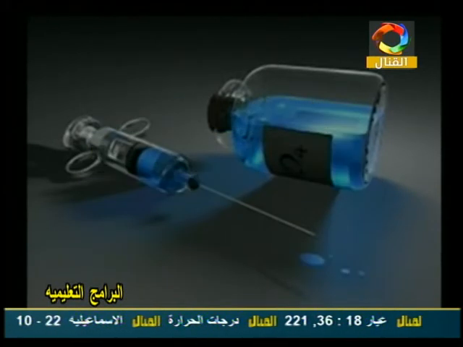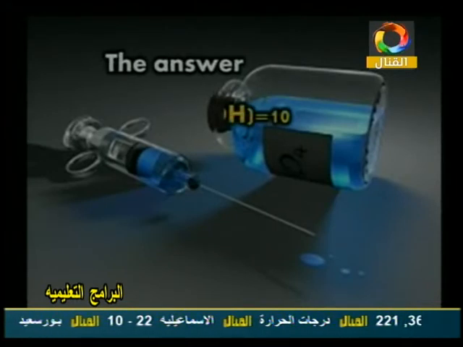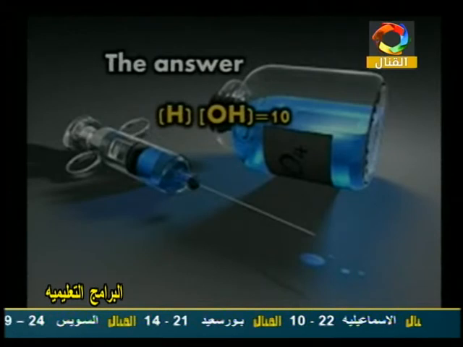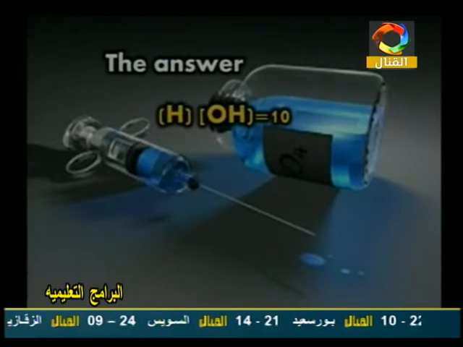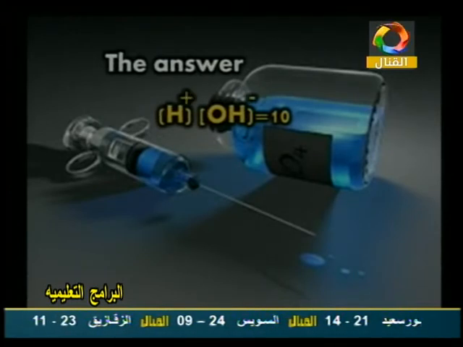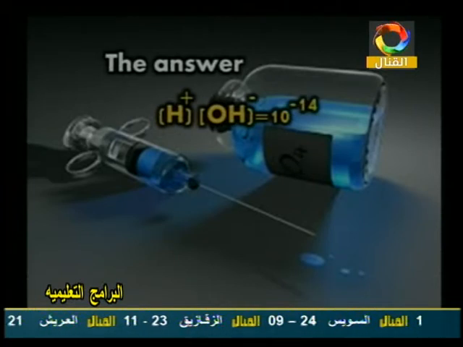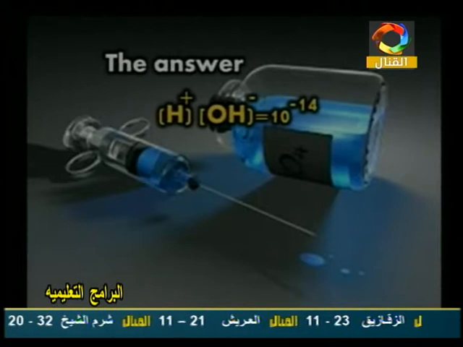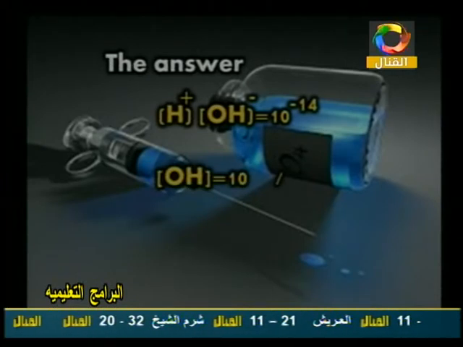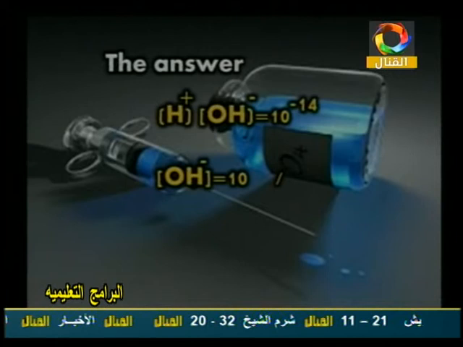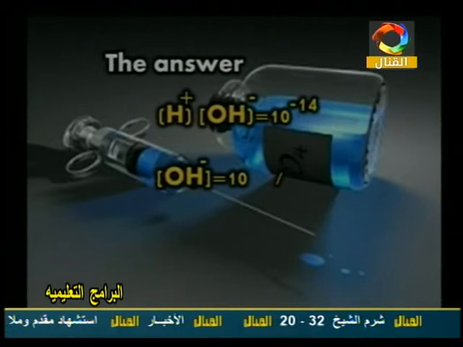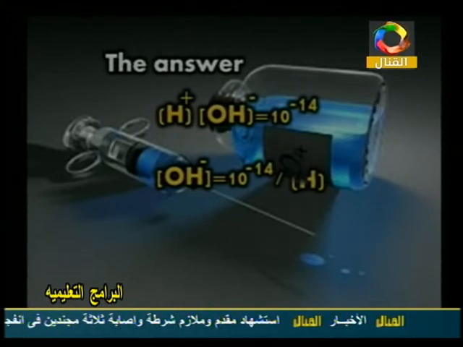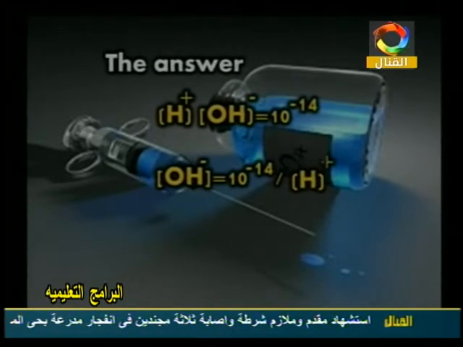The answer: as a beginning, you must write the law. Concentration of H+ by concentration of OH- equals 10 to what? 10 power negative 14. It's neutral. H positive, OH negative, 10 power negative 14. So OH- equals 10 power negative 14 per the concentration of the hydrogen positive.